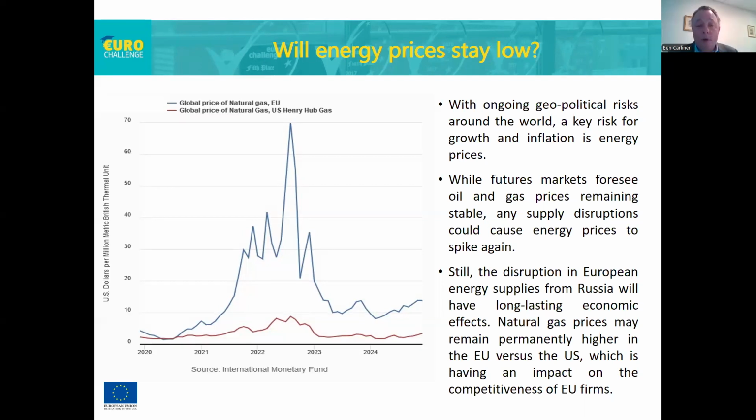Now, that's mostly over, right? The big spikes have come down. They haven't come down all the way. So natural gas and electricity prices in Europe are still maybe 3, 4, 5 times the amount that they are in the United States. And this is what I was highlighting was one of the problems that the manufacturing sector was facing. Gas prices have come down, but not all the way. And so they're at a competitive disadvantage in terms of their fundamental energy costs.